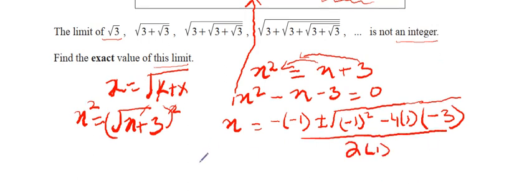Then we get x is equal to 1 plus or minus square root of 1 plus 12. We get here 13, divided by 2.